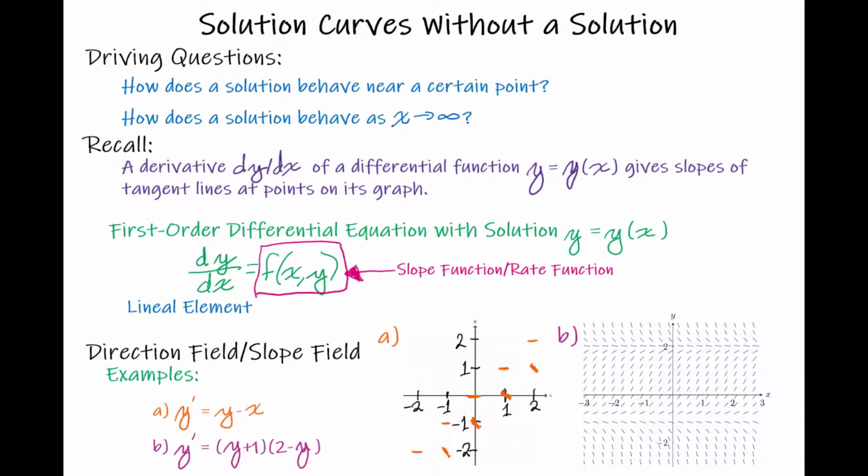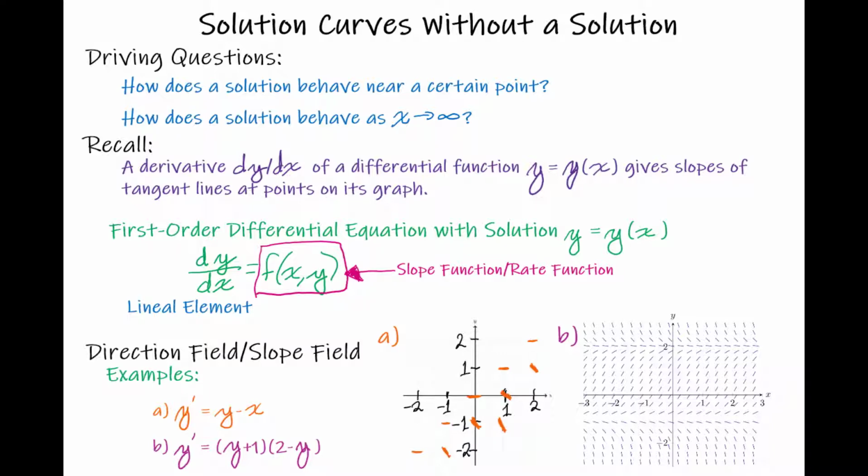Now let's go to a new point that hasn't been graphed yet. Let's look at x is 1, y is -1. When I plug that in, I get -1 minus 1 for a slope of -2. So I sketch a line segment there that has a slope of -2.